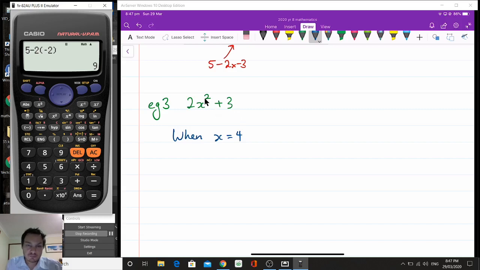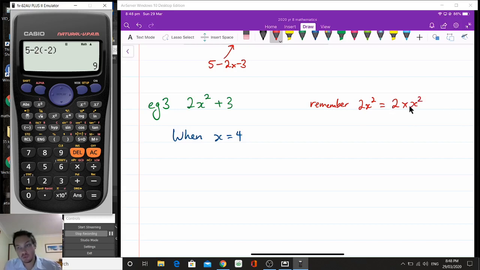Does this mean that it's 2x and then squared, or does this mean that it's just the x that is squared? Okay, now hopefully when we're remembering our year 7 work, when we're seeing 2x squared, I'm just going to write here, remember, 2x squared means 2 times x squared.